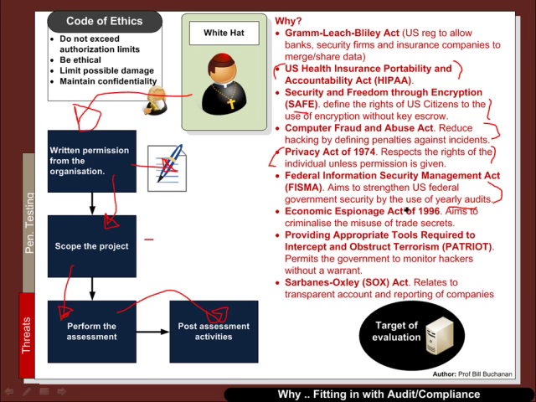The Economic Espionage Act, which aims to criminalise the misuse of trade secrets, such as for spying and so on. And then we have the Patriot Act, which allows the government to monitor hackers without a warning. The equivalent in the UK is the RIPA Act, which allows the ISPs to keep track of suspects. Then we have the Sarbanes-Oxley Act, which is related to transparent accounting and reporting of companies.